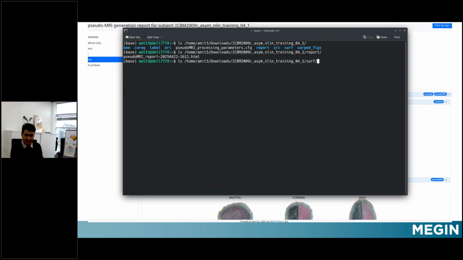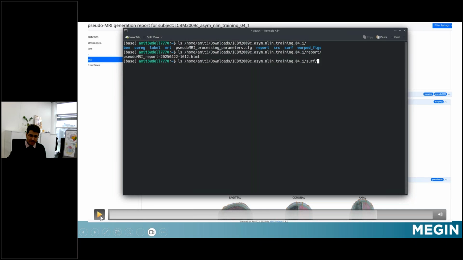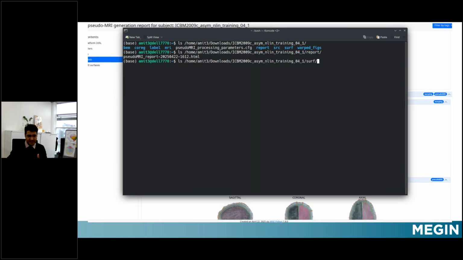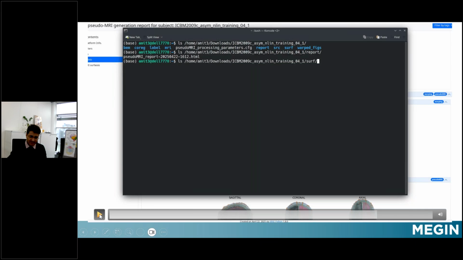No morphing or normalization is required. So it bypasses the scanning, processing, co-registration, and further the morphing for group level analysis.